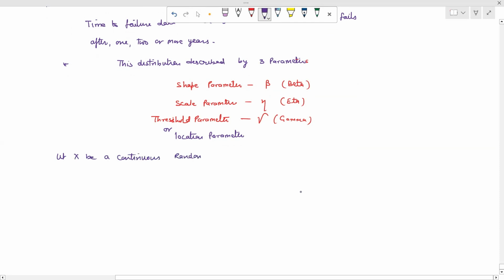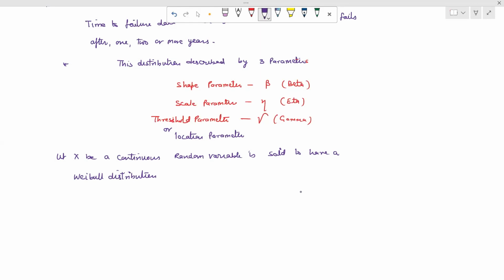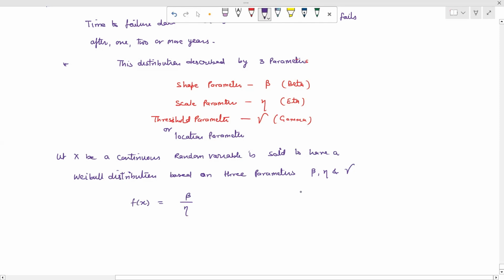It is said to have a Weibull distribution based on three parameters, that is beta, eta, and gamma, which is defined as f(x) = (beta/eta) ((x - gamma)/eta)^(beta - 1) e^(-((x - gamma)/eta)^beta).